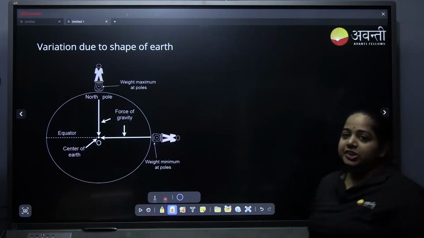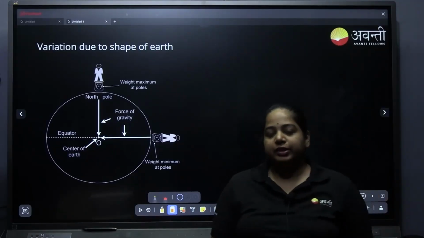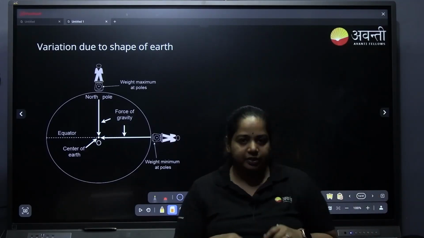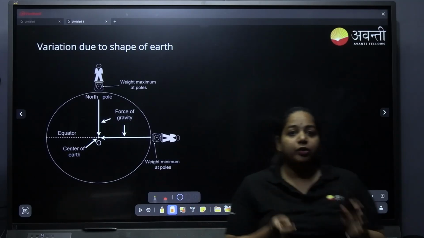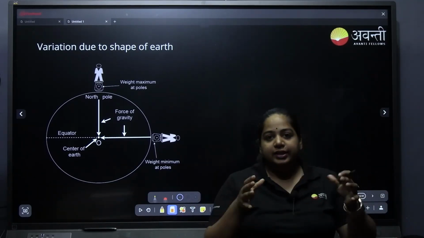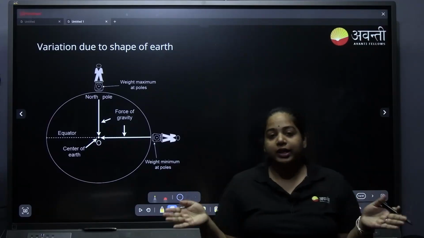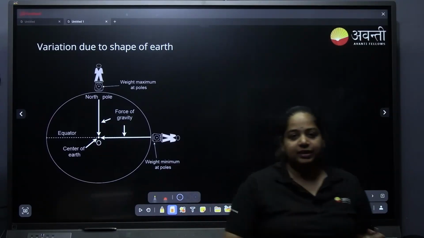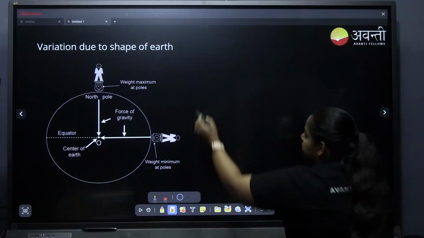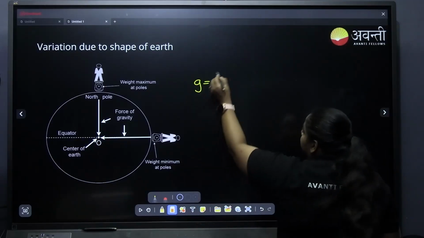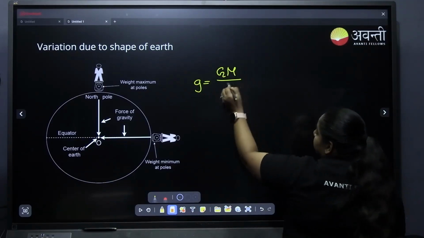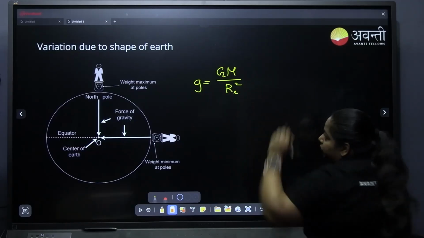Coming to variation of g due to shape of earth. As you know, earth is not a perfect sphere. It is a geoid shape, which means the radius is more at the equator and less at the poles. And as you know, the acceleration due to gravity equation is GM by radius of earth square.